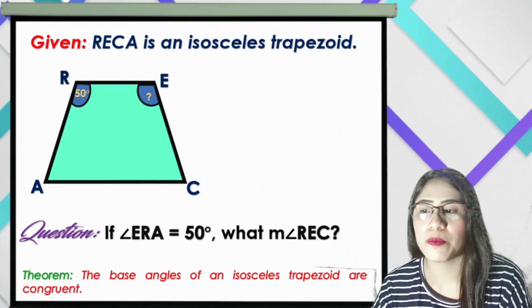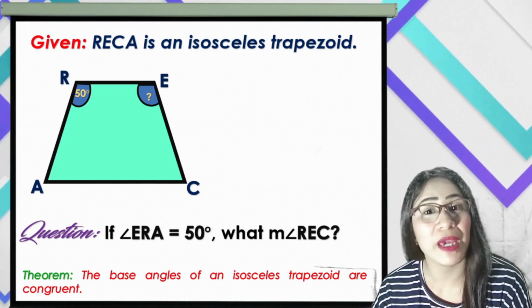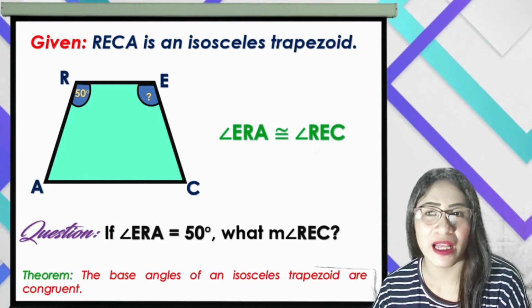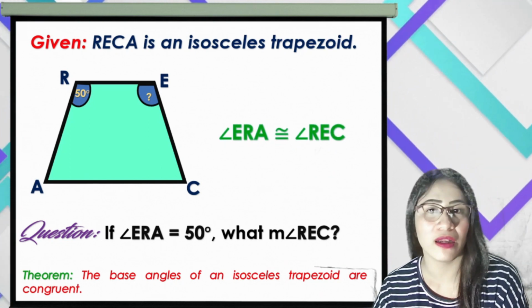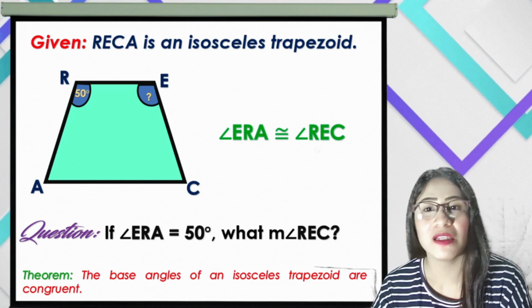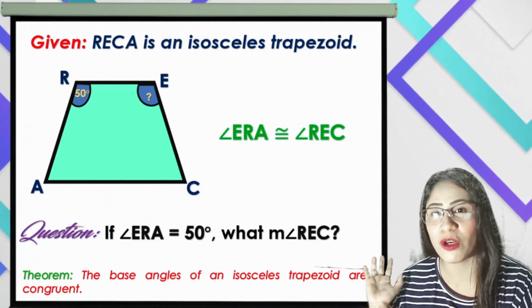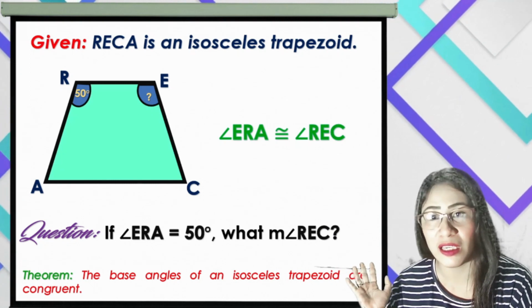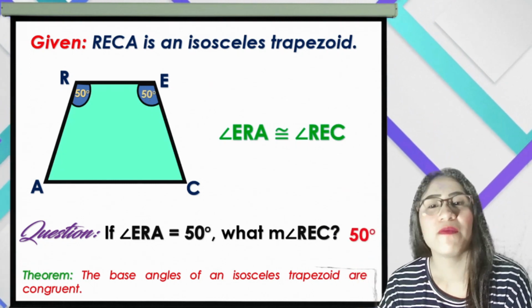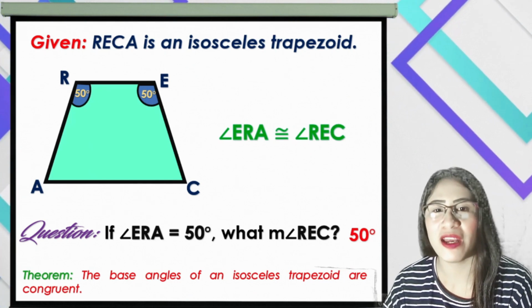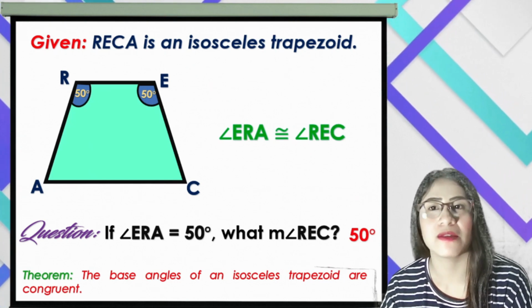Sila yung isang pair ng base angle. So therefore, they are congruent, or angle ERA is congruent to angle REC. Ang tanong dito sa ating given, ano daw yung measurement ni angle REC? Siyempre, 50 degrees also, since they are congruent and they are the base angles.